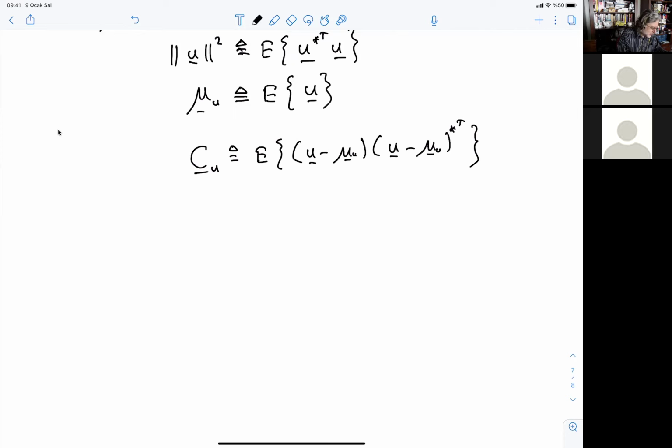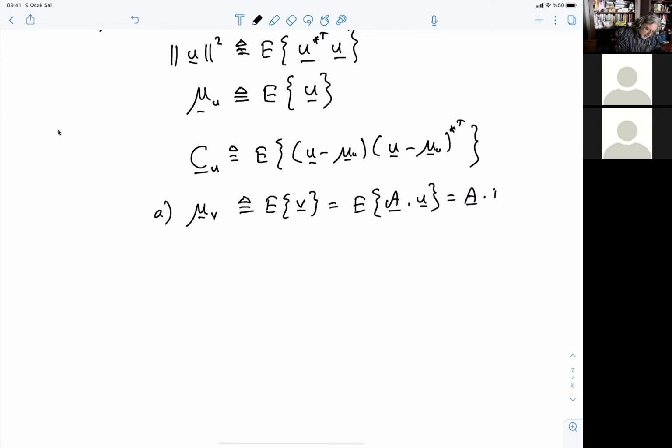So let's continue. Now from here, the first observation is regarding what is the mean of V. V is A times U, okay? So what is the mean of V? By definition, it is the expected value of V, of course. And that is equal to expected value of A times U. And A is not a random entity, so it can be taken out of the expectation operator.